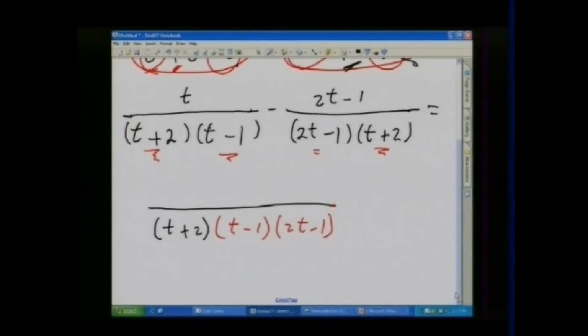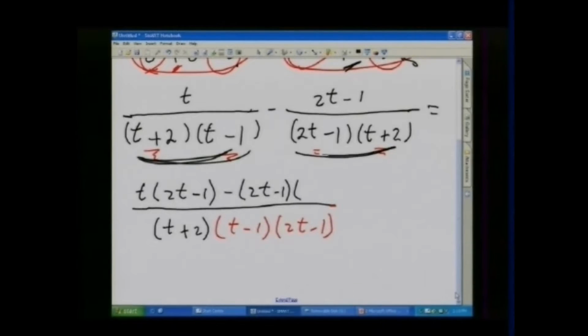Now for the numerator, I would compare this common denominator with the denominator of the first fraction, and what is lacking is 2t minus 1, so you multiply that one by the numerator, so it would be t times 2t minus 1, and in the second one you have minus 2t minus 1 multiplied.